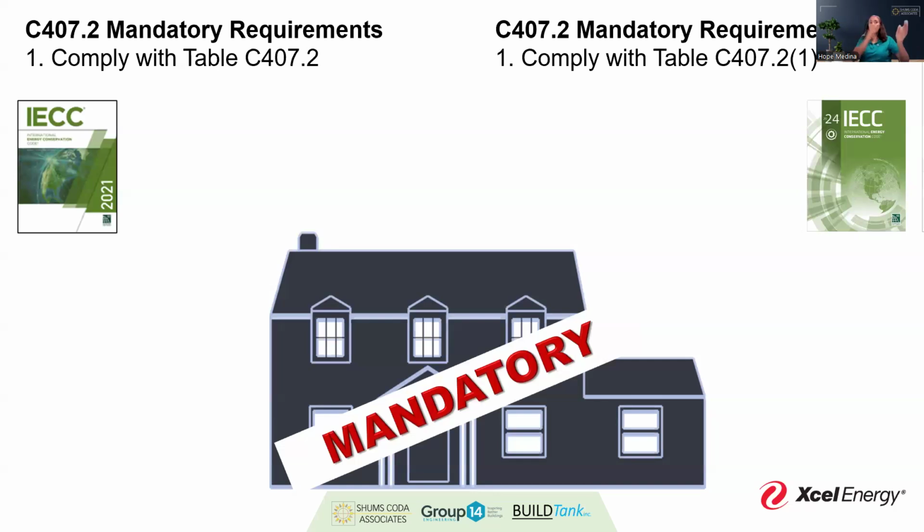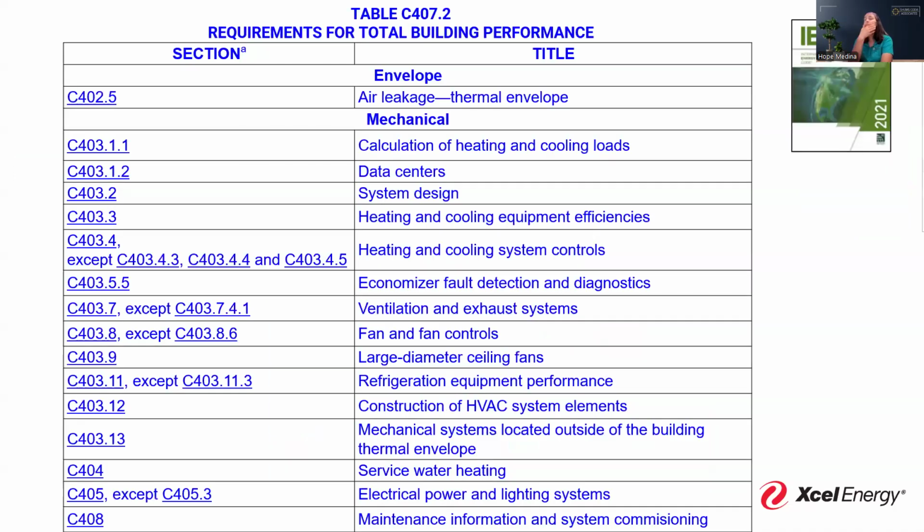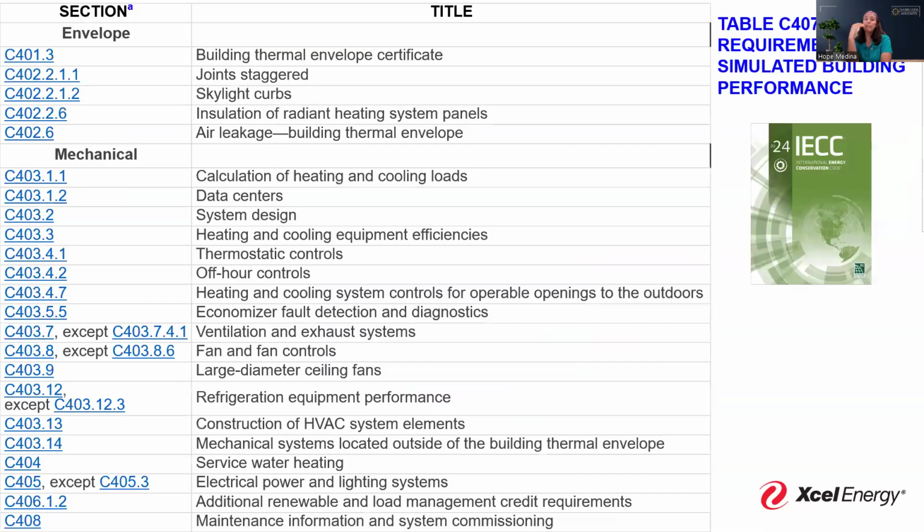So things that passed in the 21 did get incorporated into the 24 edition of that table to try to really help with the navigation of it. So here are the mandatory provisions, the table that you would look at if you were on the 21 edition. And then here are the provisions that you would follow if you were on the 24 edition of this.